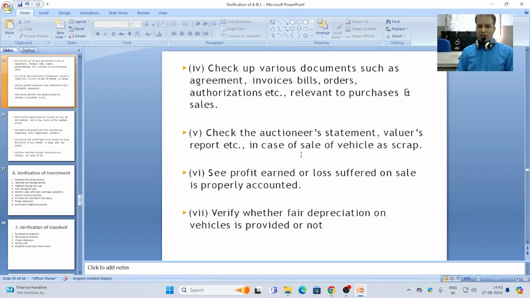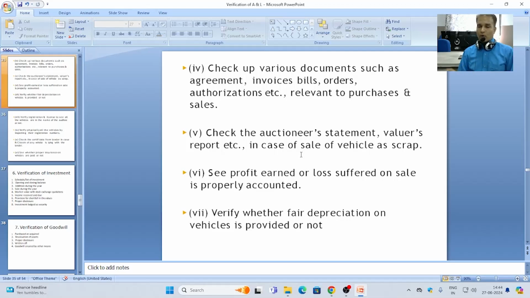Auditor should check various documents such as agreements, invoices, bills, orders, authorization letters or slips, etc. relevant to the purchase and sale of the vehicle. Because any sale or purchase, sale meaning sale of an old vehicle and purchase of a new vehicle, will not be unauthorized.